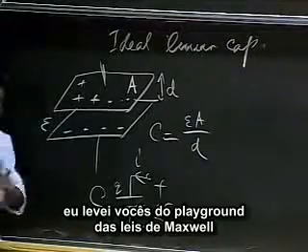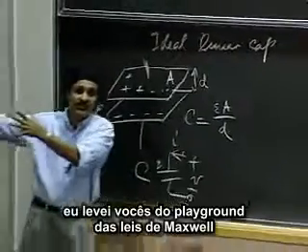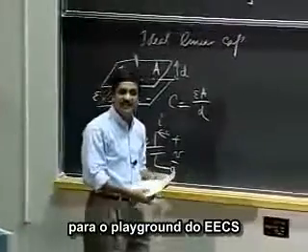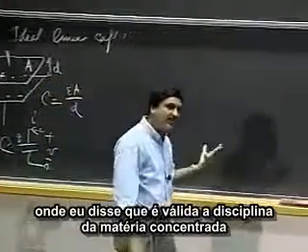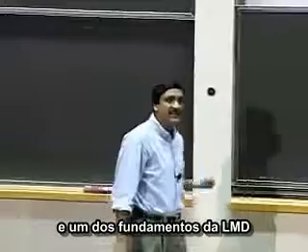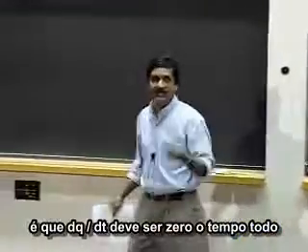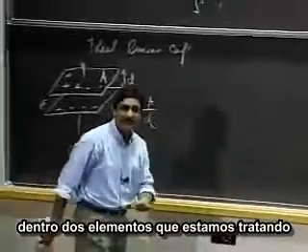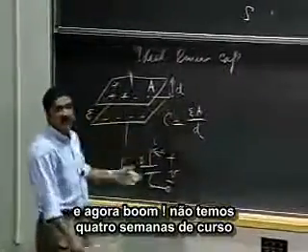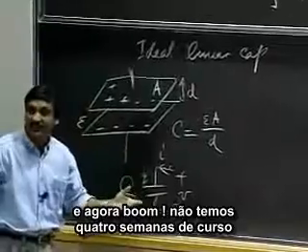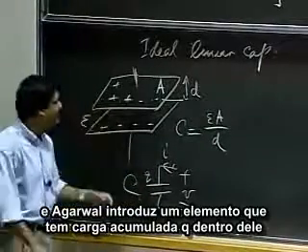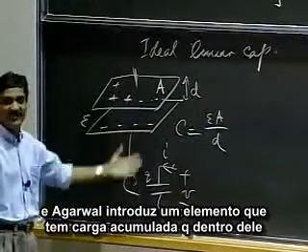I took you from Maxwell's playground to the ECS playground, where the lumped matter discipline holds. And one of the foundations of the LMD was that dq by dt should be 0 for all time inside the elements that we're going to deal with. And right now, boom, it's not 4 weeks into the course, and Agarwal introduces an element, and it's got Q in it.